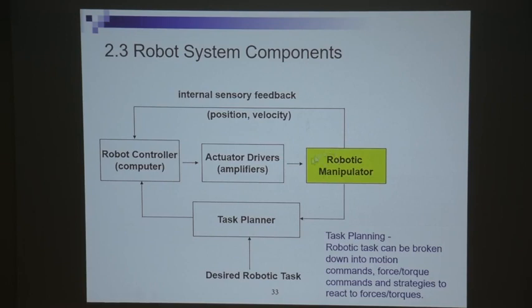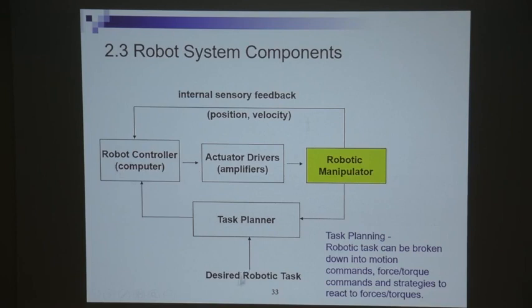For the robot manipulator itself, you have the actuator, the driver, the amplifier to drive the robot manipulator. Then you have sensors that provide the internal sensory feedback on the position and velocity. And then the controller can be a computer, so a robot controller, which is typically a computer.